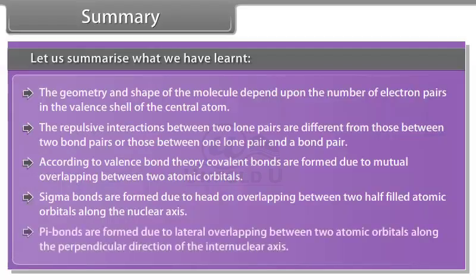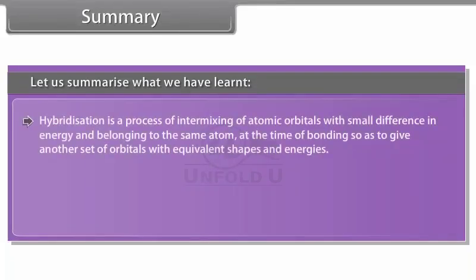Pi bonds are formed due to lateral overlapping between two atomic orbitals along the perpendicular direction of the internuclear axis. Hybridization is a process of intermixing of atomic orbitals with small difference in energy and belonging to the same atom at the time of bonding, so as to give another set of orbitals with equivalent shapes and energies.